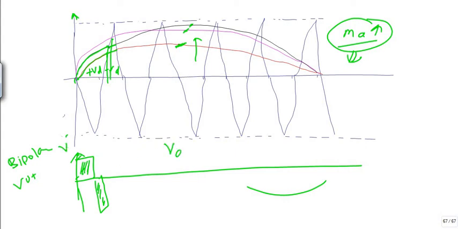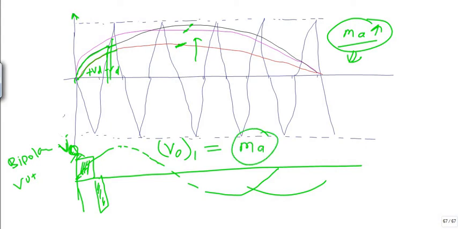Let us suppose this V naught is the output. My V naught fundamental component is the sinusoidal dashed line shown in the previous slide. So this V naught depends upon this MA, the amplitude modulation index.